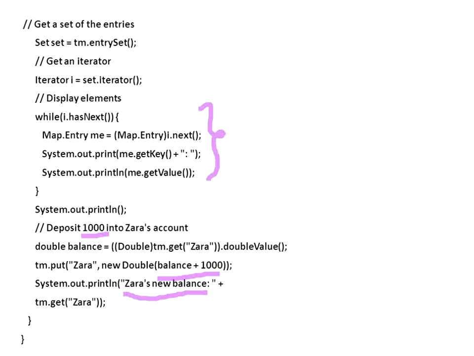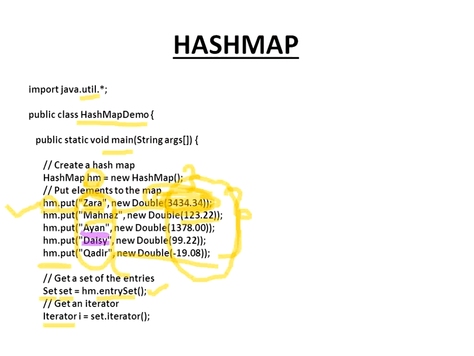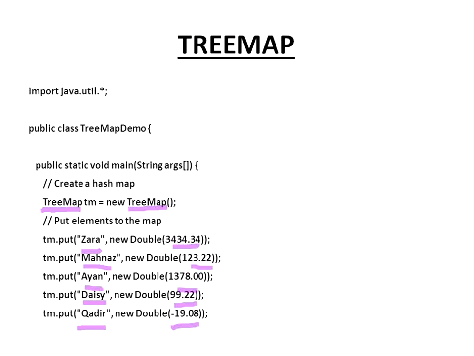If you see both these programs, the program is absolutely same, except that this is TREEMAP, not HASHMAP. Because on the first page you have TREEMAP, and in the previous example you have HASHMAP. So this is the difference. Now, if we are using TREEMAP, the keys will be ordered in ascending.